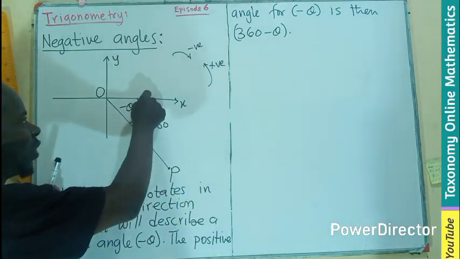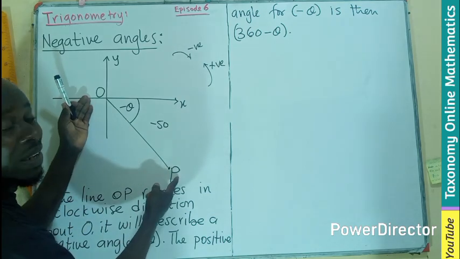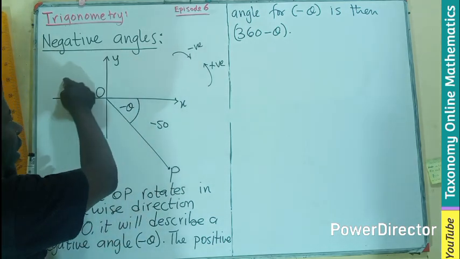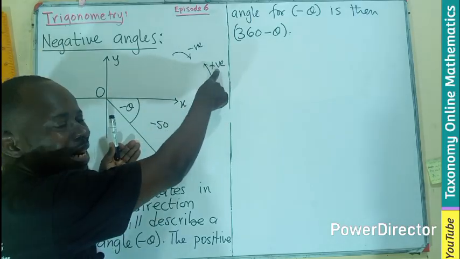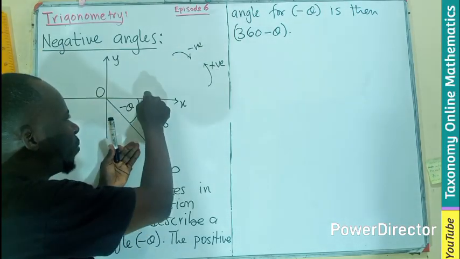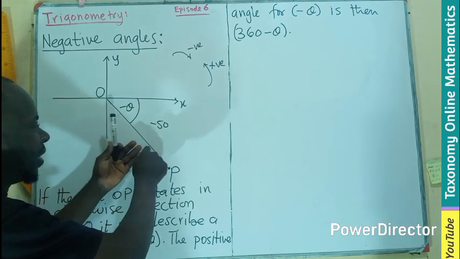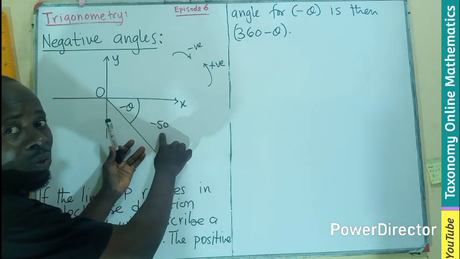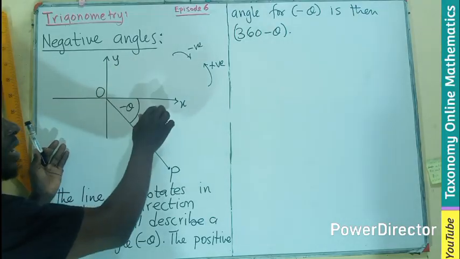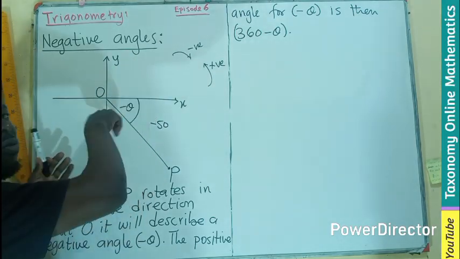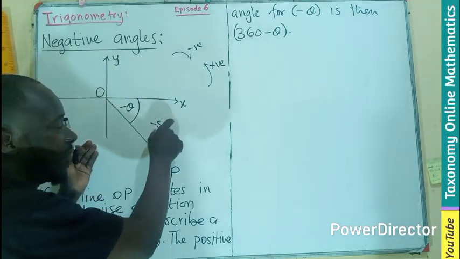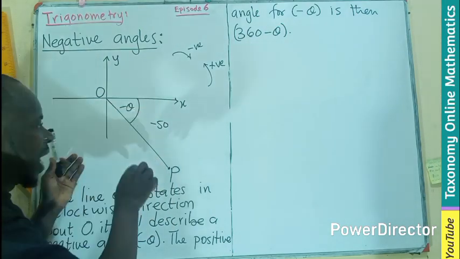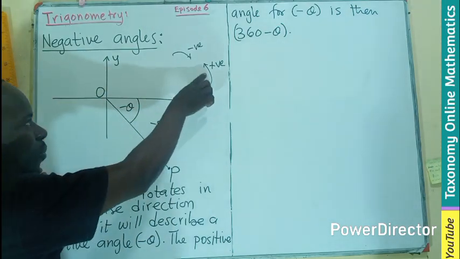Then what will be the actual movement? If this is a point in the plane, it means I would have been moving from here all the way and coming back to this in the positive sense. When I take away the 50 from the 360, which is the actual revolution, I will have measured my positive direction.